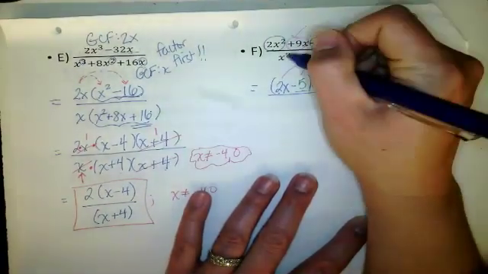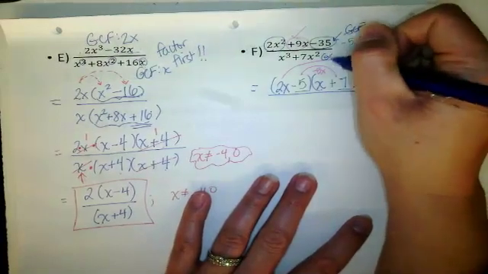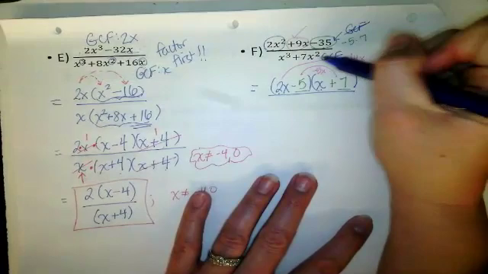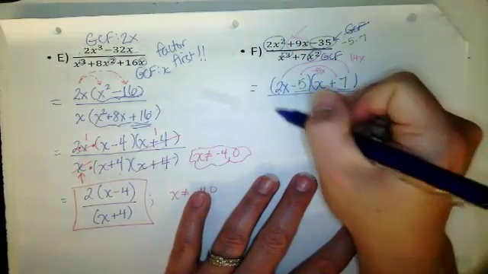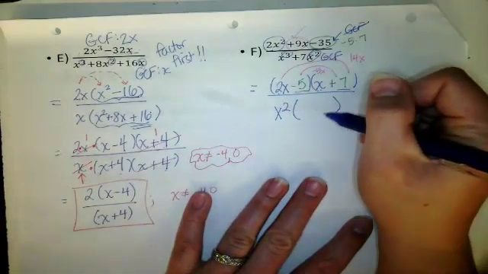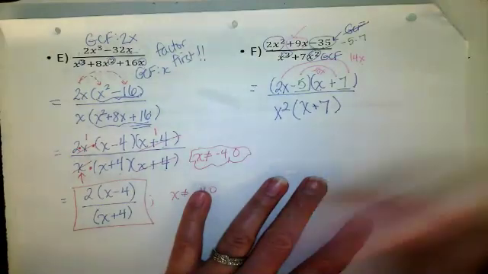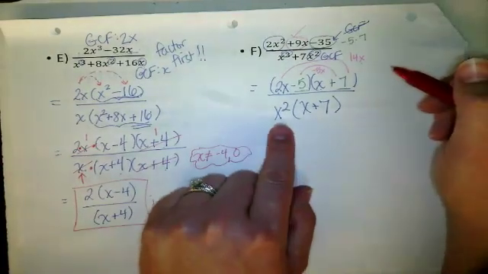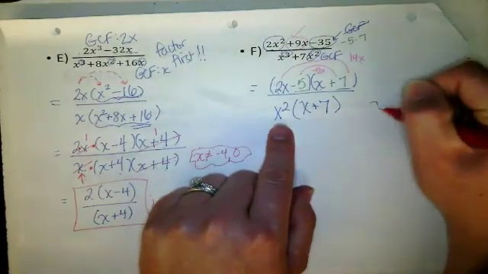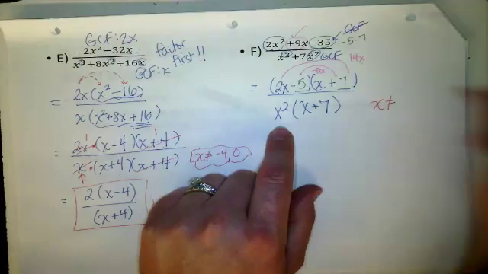What can we do with our denominator? There is a GCF. What's the GCF? X squared. They both have an x squared that can come out. What's left behind? X plus 7. Very good. So right here, once you're in bubble form, once you've got all your bubbles, it's easiest to say, hey, what is x not allowed to be? -7 or 0.